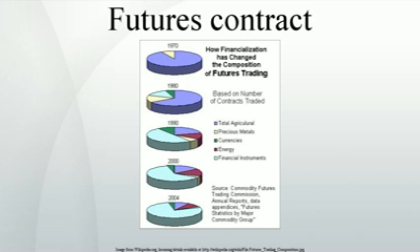Contracts on financial instruments were introduced in the 1970s by the Chicago Mercantile Exchange, CME, and these instruments became hugely successful and quickly overtook commodities futures in terms of trading volume and global accessibility to the markets. This innovation led to the introduction of many new futures exchanges worldwide, such as the London International Financial Futures Exchange in 1982, now Euronext LIFFE, Deutsche Terminbörse, now Eurex, and the Tokyo Commodity Exchange, TOCOM.